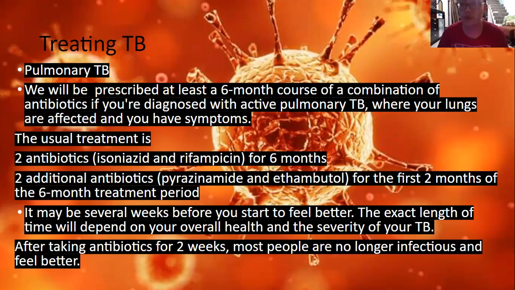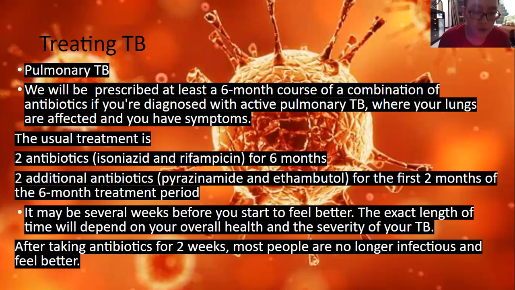Next. How to treat TB. First, pulmonary TB. You will be prescribed at least a 6-month course of combined antibiotics if you're diagnosed with active pulmonary TB, where your lungs are affected and you have symptoms. The usual treatment is the antibiotics isoniazid and rifamycins for 6 months, plus additional antibiotics, pyrazinamide and ethambutol, for the first 2 months of the 6-month treatment period.